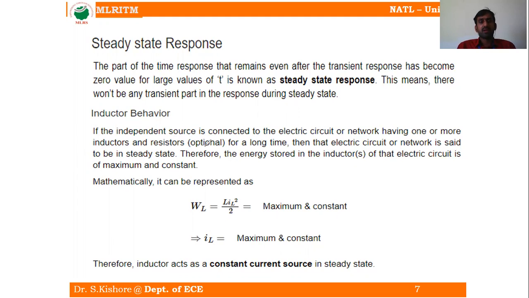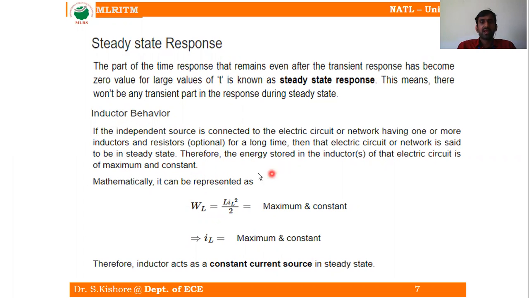For the inductor, if an independent source is connected to an electrical circuit or a network having one or more inductors and resistors, then the electrical circuit or network is going to be in steady state because we have connected an independent source.